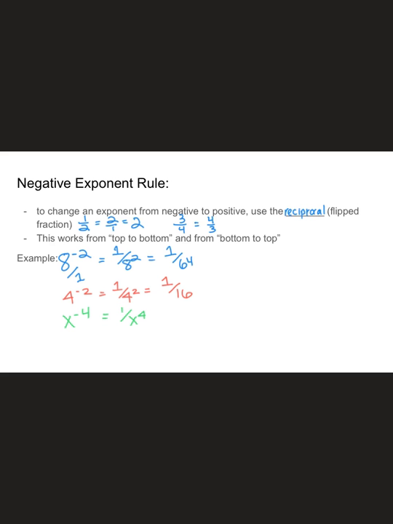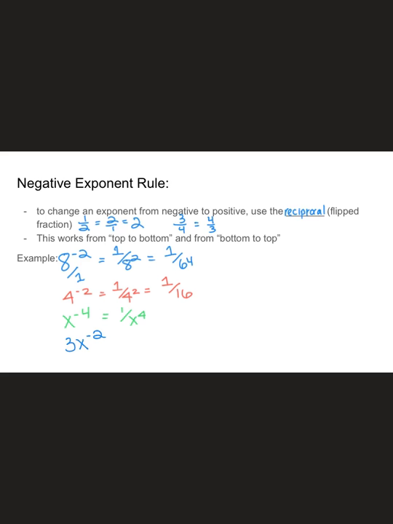We can also have examples where we have variables with a coefficient, which is a number in front of the variable. An example of that would be something like 3x to the negative 2.